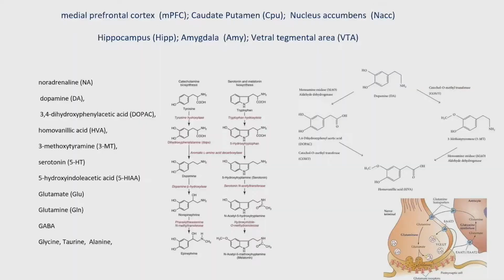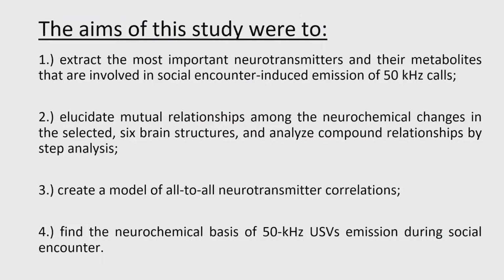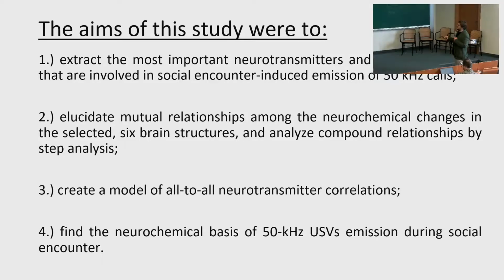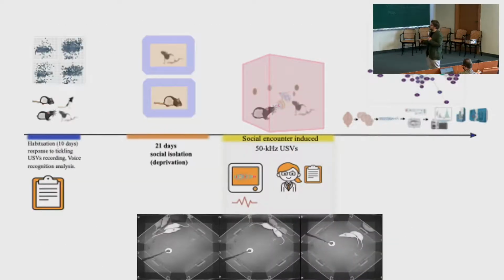We analyzed the same set of neurotransmitters, and the aims of the study were to extract the most important neurotransmitters and their metabolites that are involved in social encounter-induced emission of 50 kHz, and create, of course, the model of all-to-all neurotransmitter correlation, and find the neurochemical basis of the 50 kHz USV emission during social encounter.